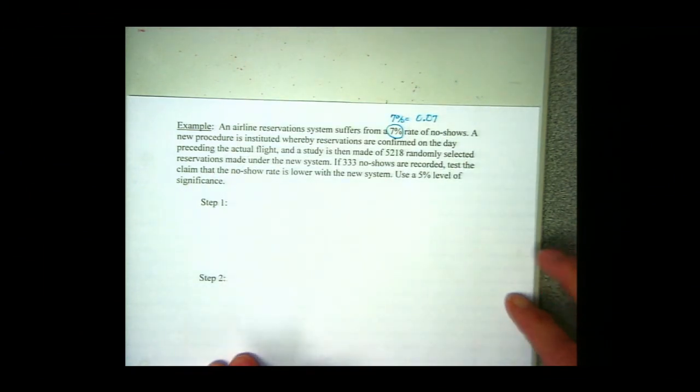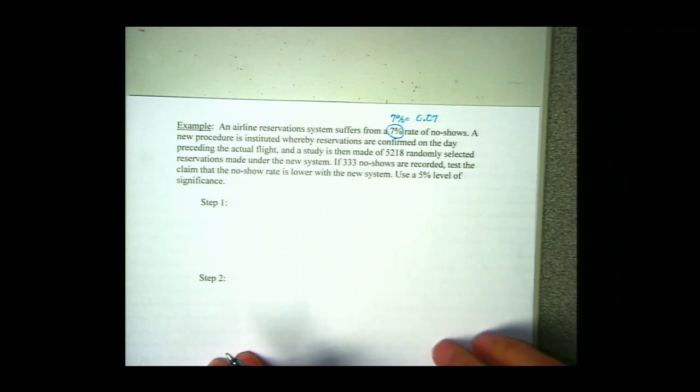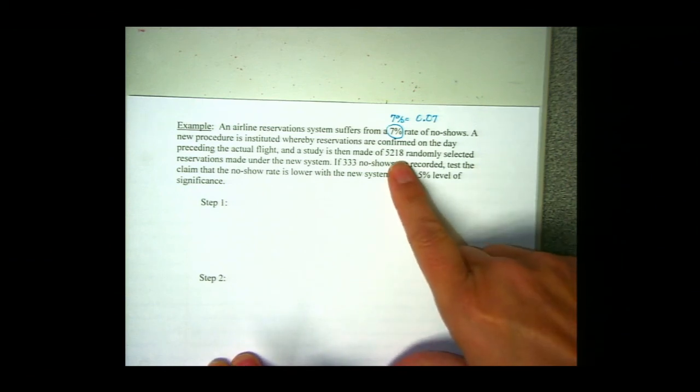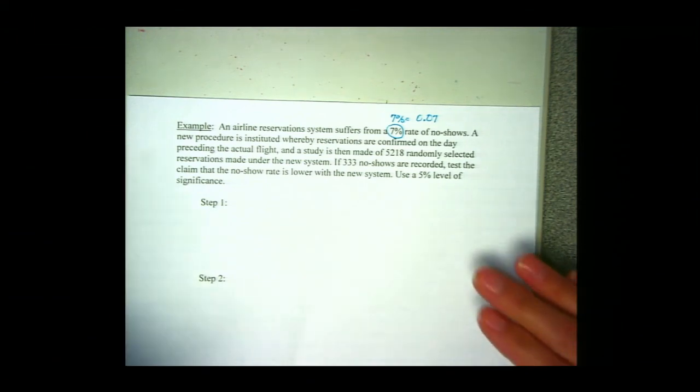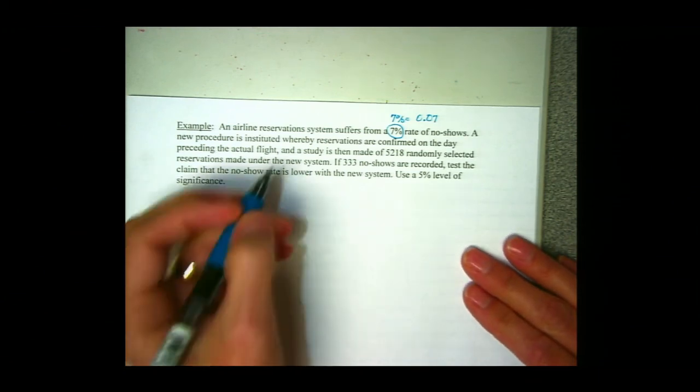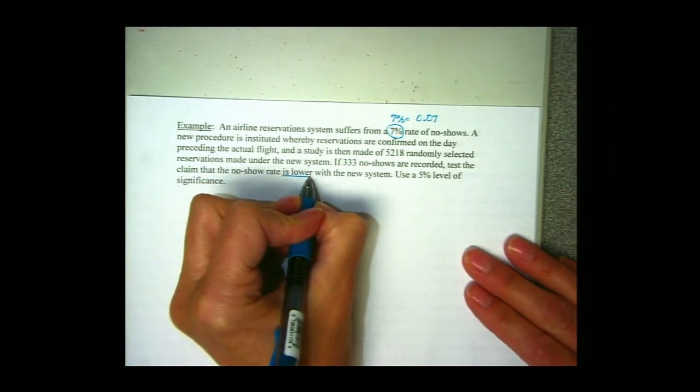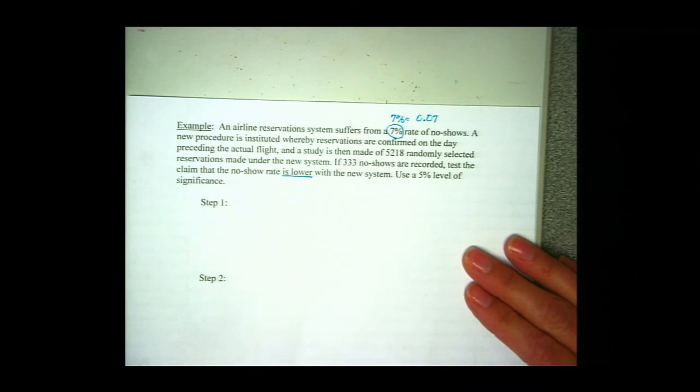A new procedure is instituted whereby reservations are confirmed on the day preceding the actual flight, and a study is then made of 5,218 randomly selected reservations made under the new system. If 333 no-shows are recorded, test the claim that the no-show rate is lower with the new system.